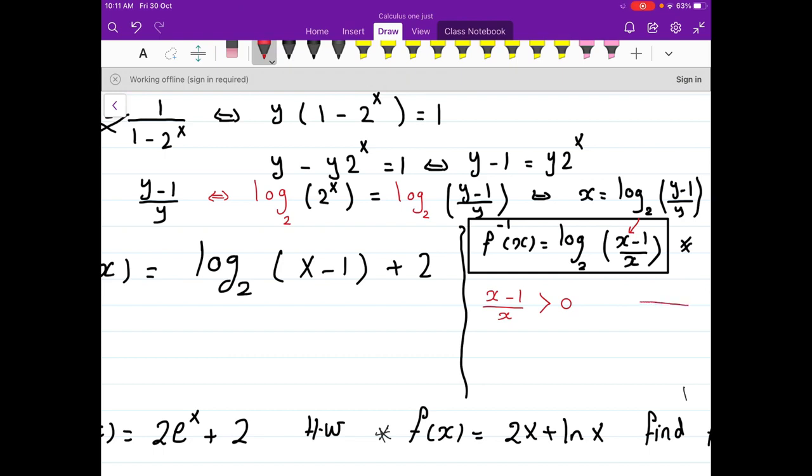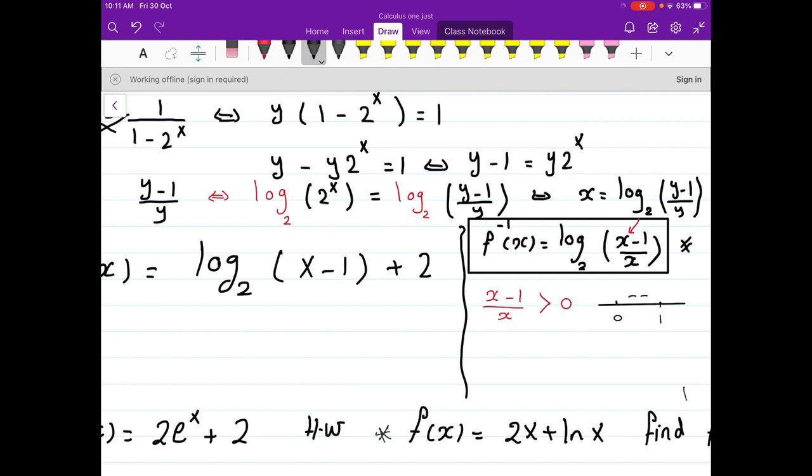To solve this inequality, we have 0 and 1. If you choose a number like 1/2, 1/2 minus 1 is negative.